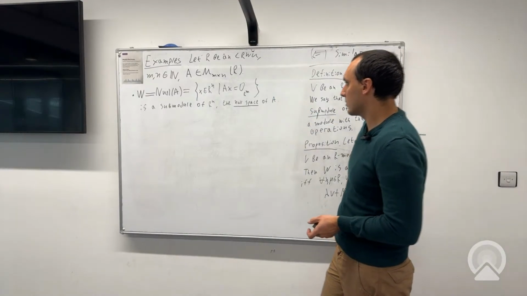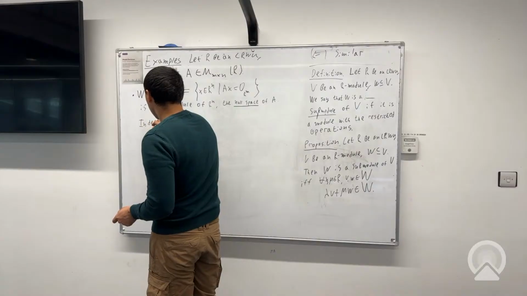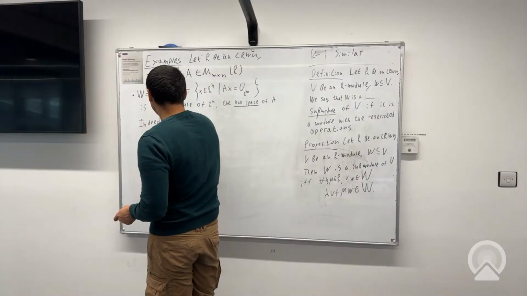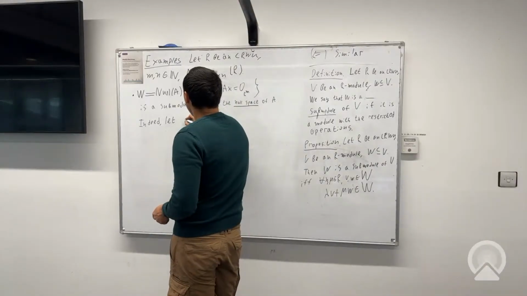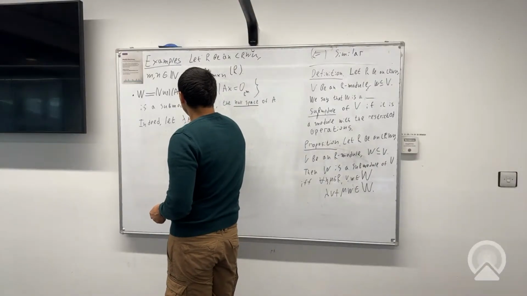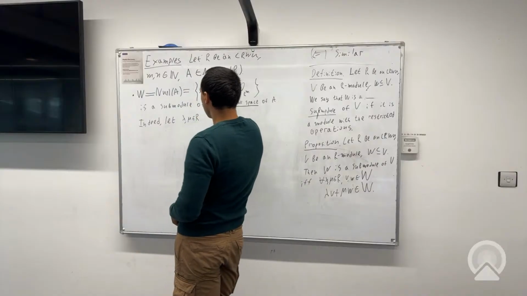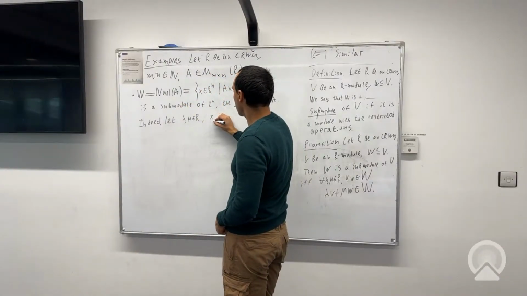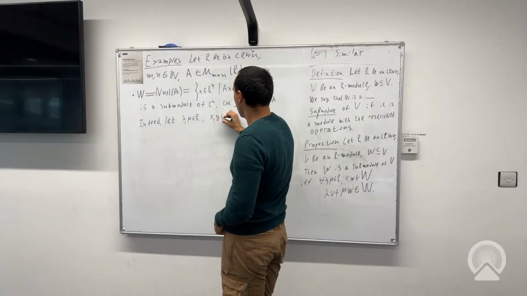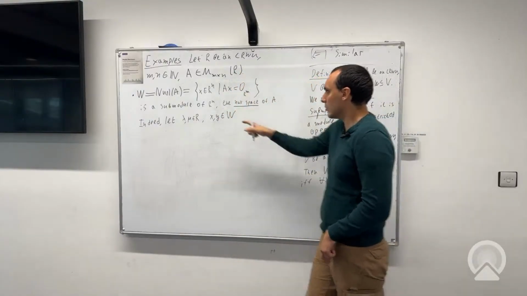Let's prove it. Indeed, let lambda and mu be scalars and take two vectors x and y in W. What does that mean?